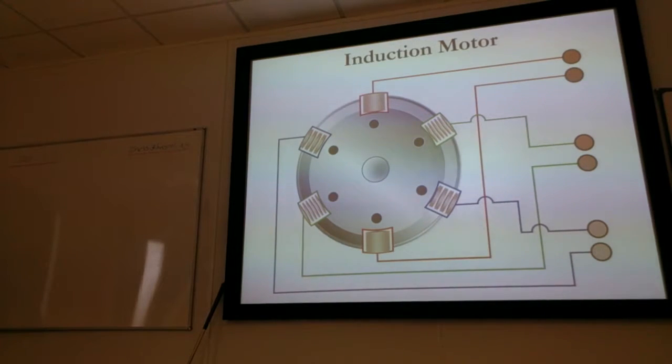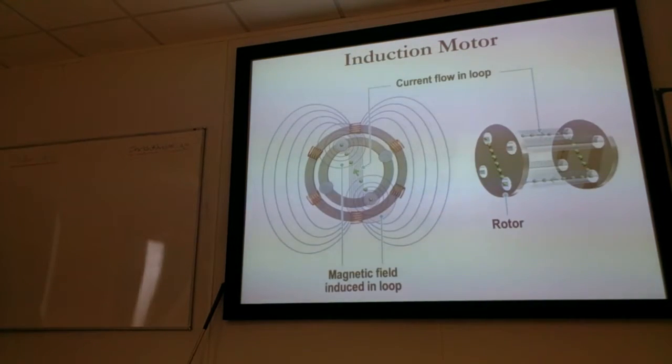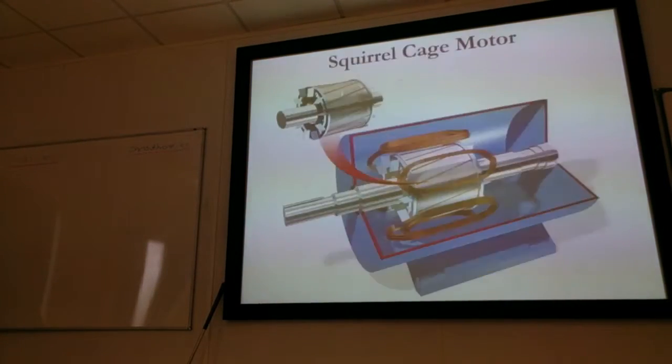It tries to catch up, but it can never get around the same production as the stator field, and the difference between the two is called the slip speed, just a term they use. Good for fuel pumps, hydraulic pumps, gyros, AC actuators, anything like that, induction motors. Also called a squirrel cage motor, where you've got the solid bars here, and then you've got the coils around the outside of it.